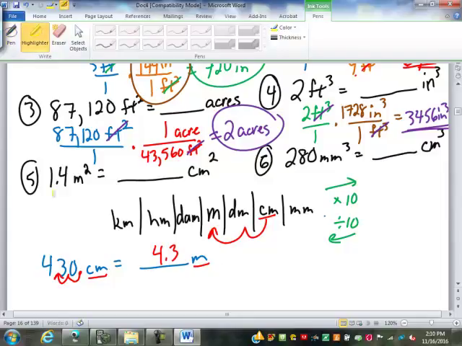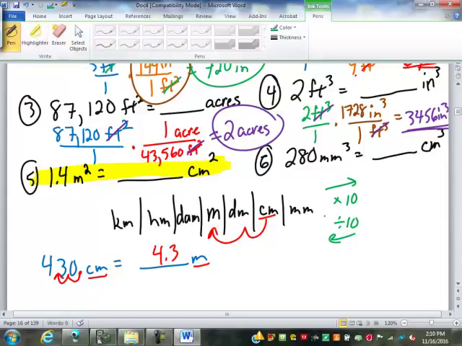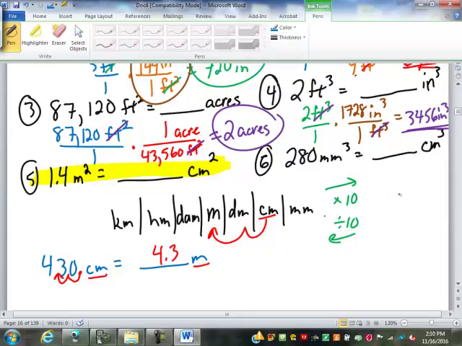Well, when we go back up to this problem, it's not meters and centimeters anymore. It's meters squared and centimeters squared. And when that's the case, now every spot on the chart is no longer multiplying or dividing by 10. It's 10 by 10 or 100. So now every spot on the chart is multiplying or dividing by 100. And when you multiply or divide by 100, the decimal point goes two places.